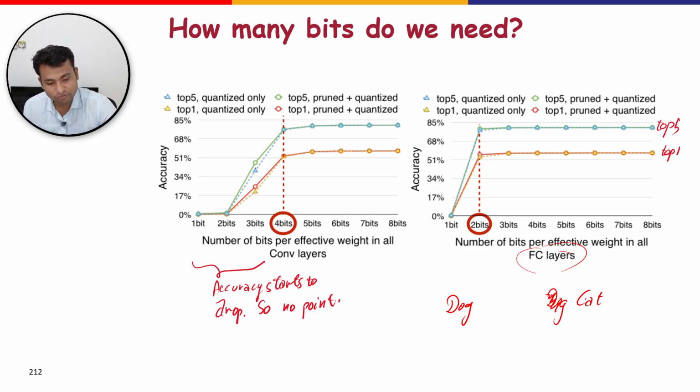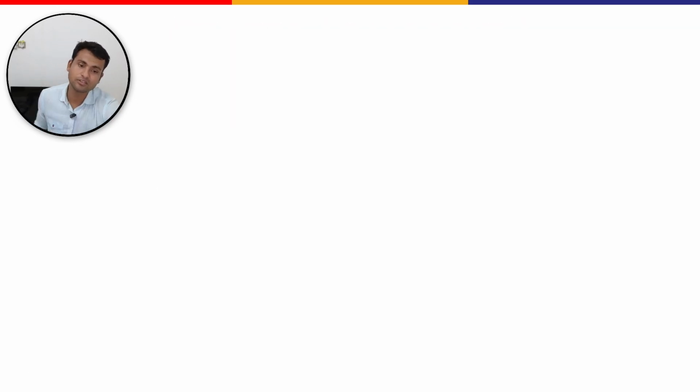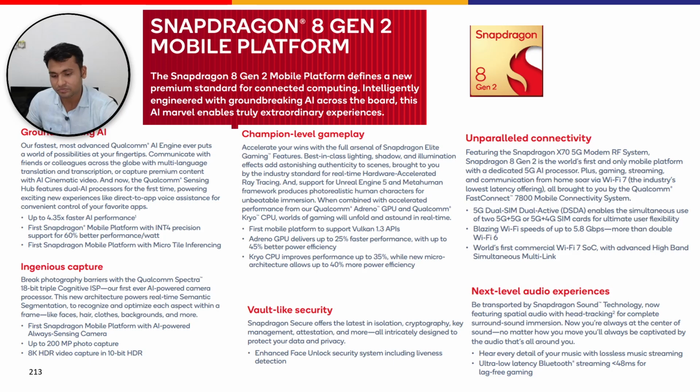But in top 5, we take the top 5 guesses which the machine learning model has: cat, plane, human, dog, and then let's say tiger. We classify this as a correct output. That's why you see that the accuracy increases if we take the top 5 margin. We're giving a little bit of relaxation to the machine learning model, that whatever output you've given can be in the top 5 predictions you have made.